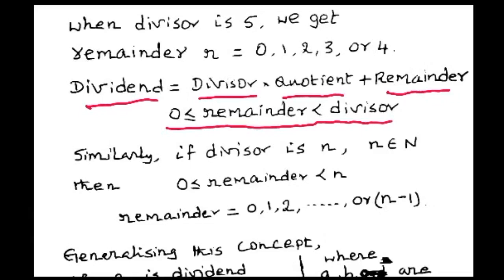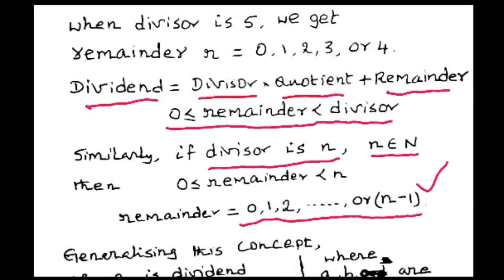Similarly, if n is the divisor and n is a natural number, then the remainders may be 0, 1, 2, 3 and so on up to n minus 1. We may get any one of these numbers as the remainder. And it is written as 0 less than or equal to remainder less than n.